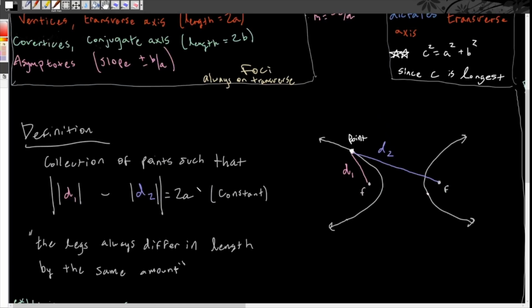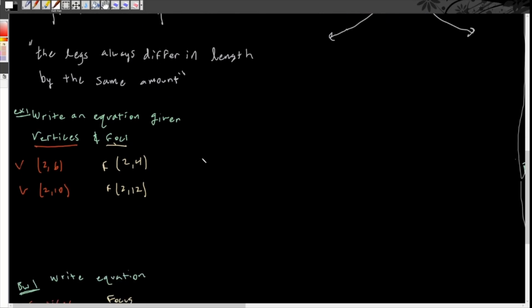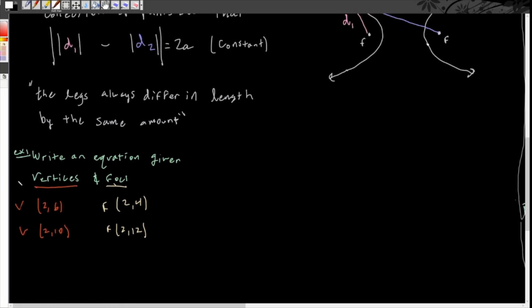Okay. So let us try an example to write an equation giving vertices and foci. And so it's going to be all the same, except we have a couple things here. Orientation we have to determine, and that will tell us whether x or y is positive.